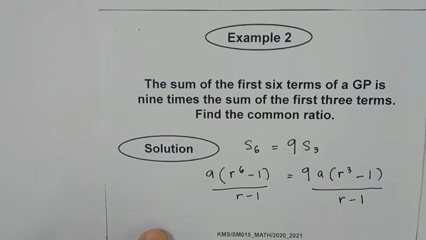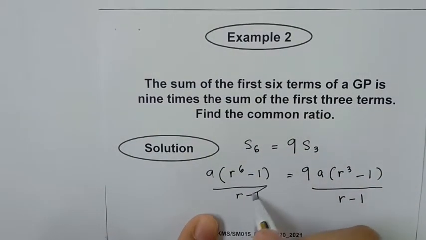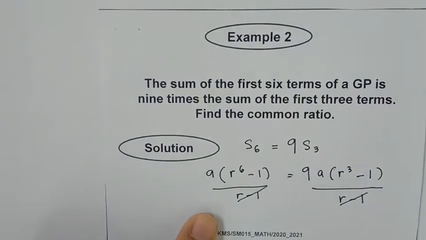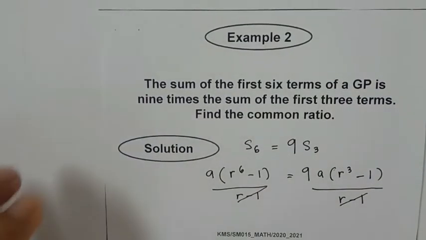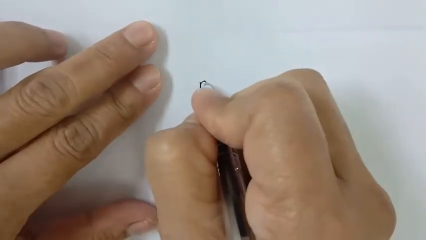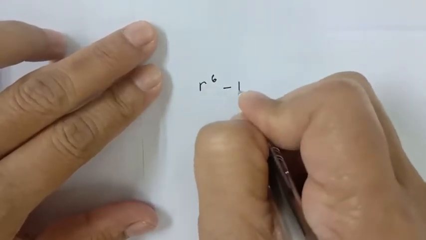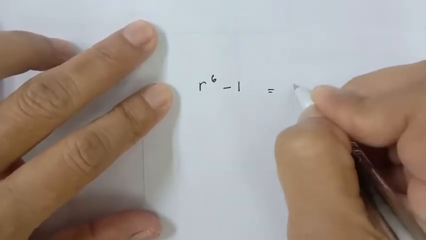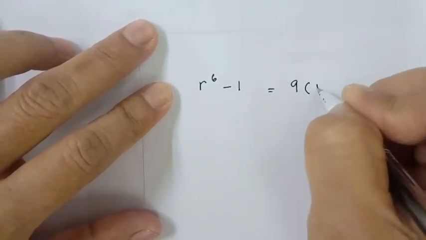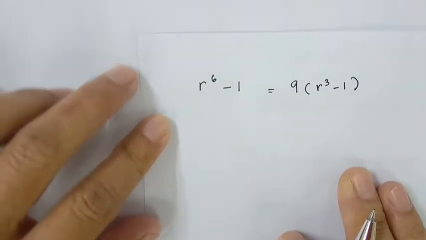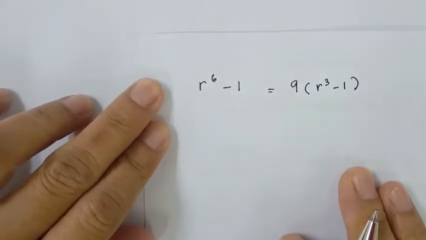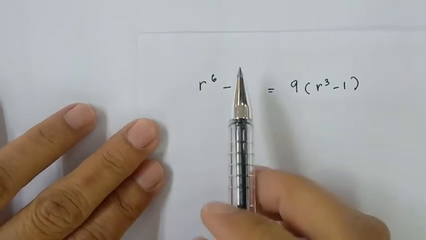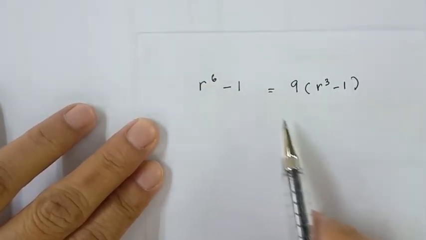Next we simplify. You can cancel this r minus 1. So we get r power of 6 minus 1 equal to 9 times r power of 3 minus 1. Then bring r power of 6 minus 1 to the right hand side.